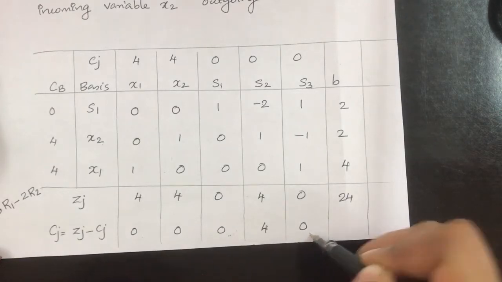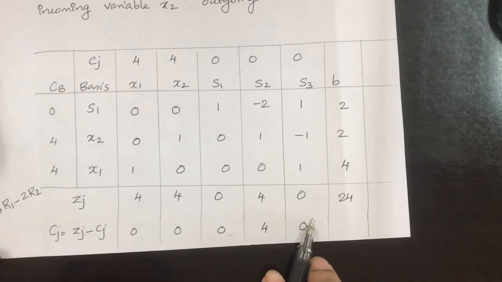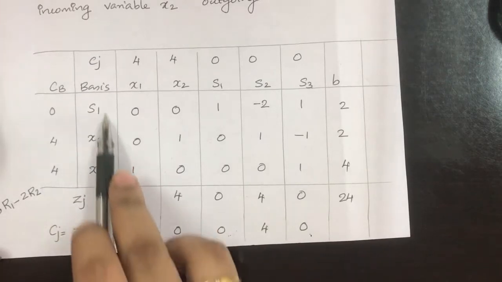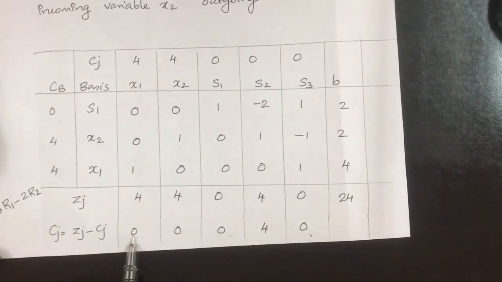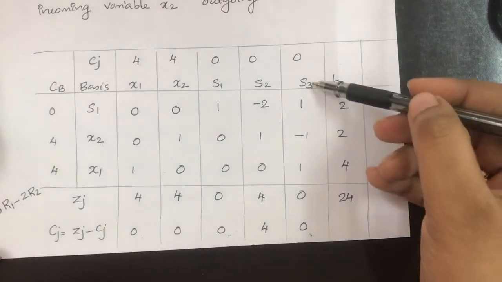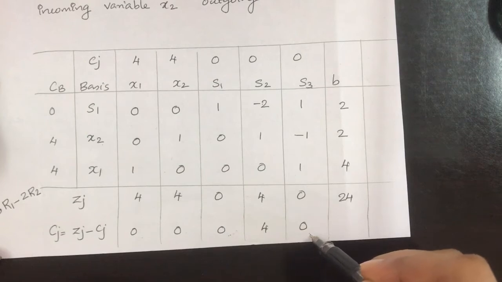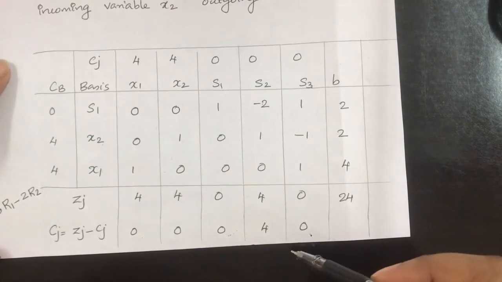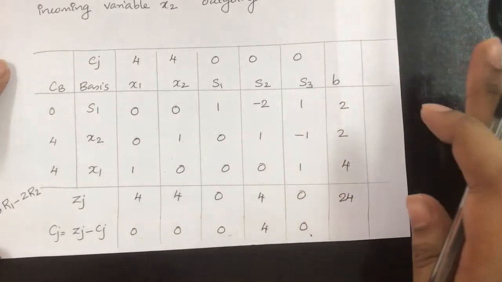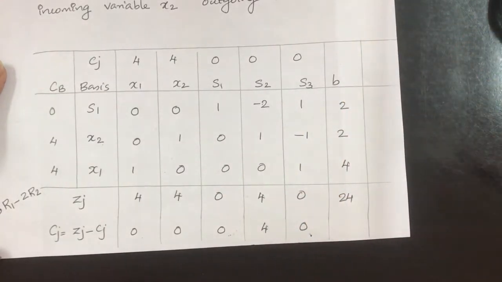In such a case, we get the optimality condition along with all the basic variables' Zj minus Cj values being 0. At the same time, one non-basic variable's Zj minus Cj value is 0. In such a case, we can say that this LPP has another set of optimal solutions.